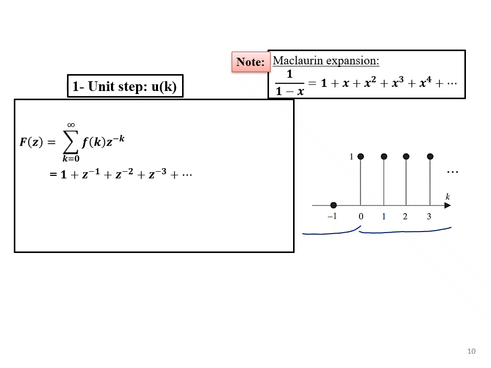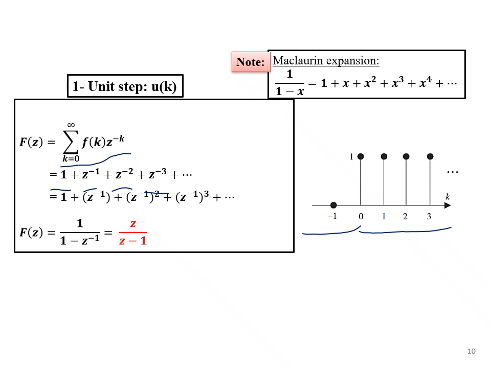Then we have sigma k equals 0 to infinity f of k z power negative k, which is equal to 1, 1 times z power negative 1, 1 times z power negative 2, 1 times z power negative 3, which is equal to the Maclaurin expansion of 1 over 1 minus z power negative 1. We multiply the numerator and denominator by z, which gives z divided by z minus 1, which is the z transform of the unit step function.